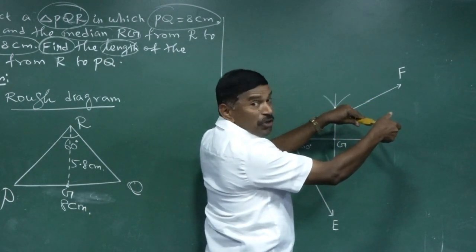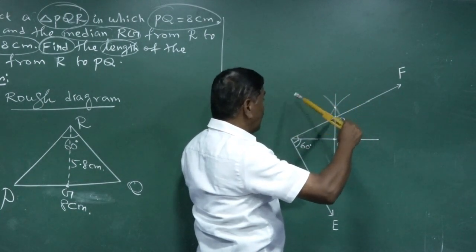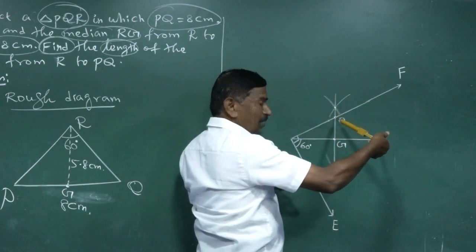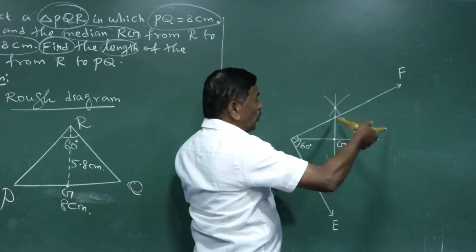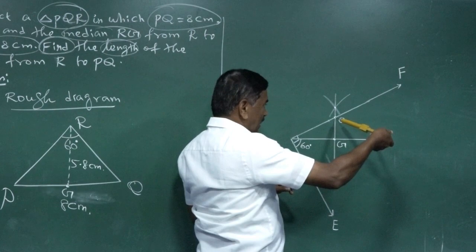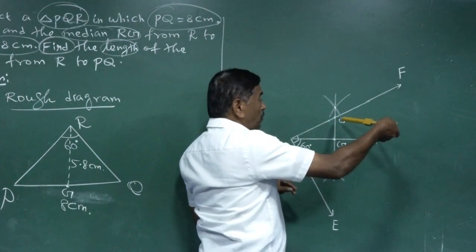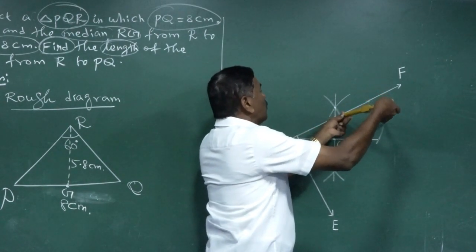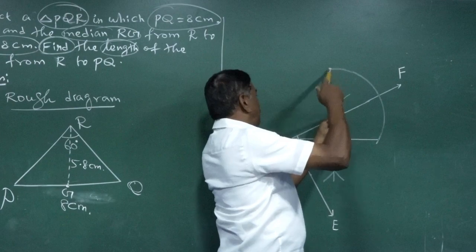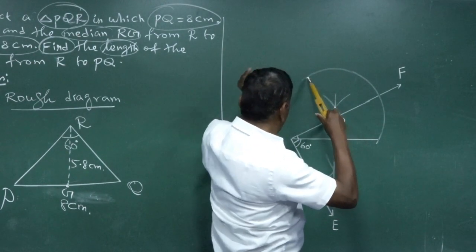Both sides we want to touch. OP and OQ are equal in length. OP and OQ as a radius, draw a circle which is passing through the points P and Q. Draw a circle with the center at O, passing through P and Q.